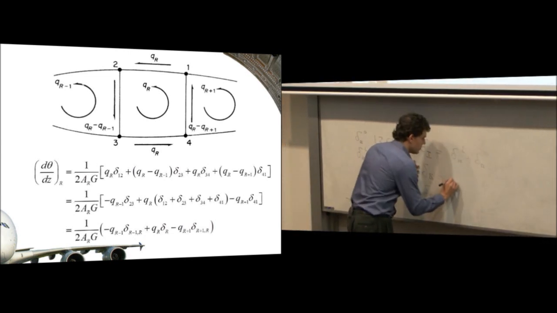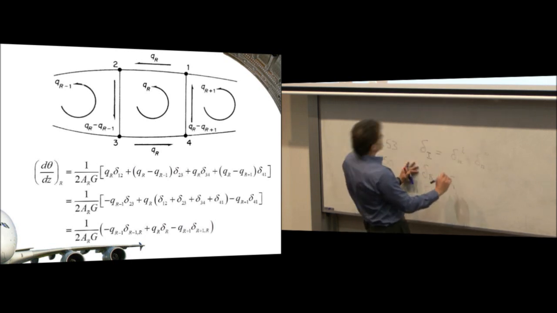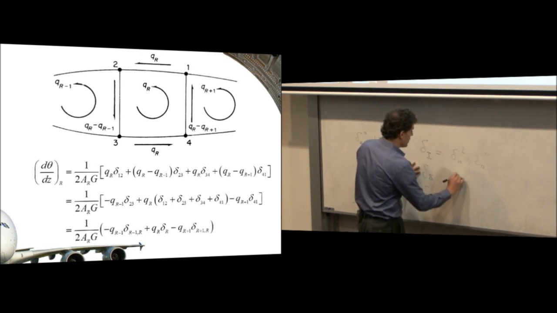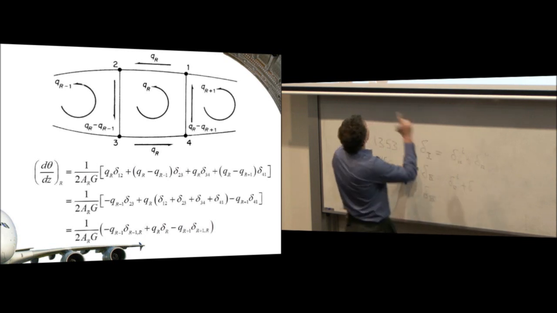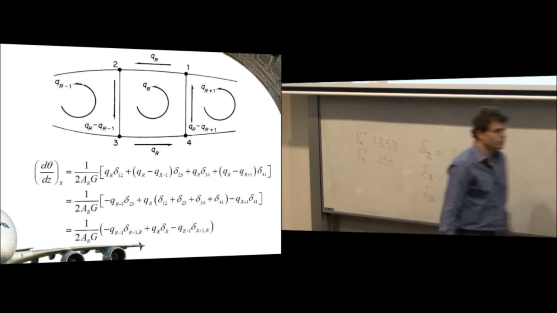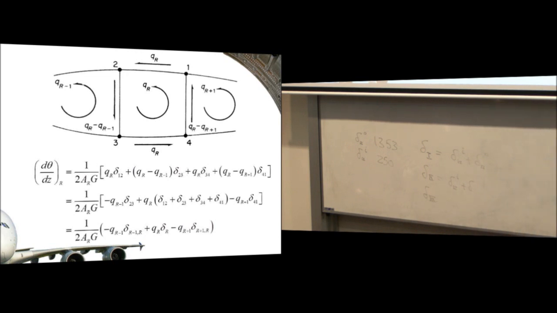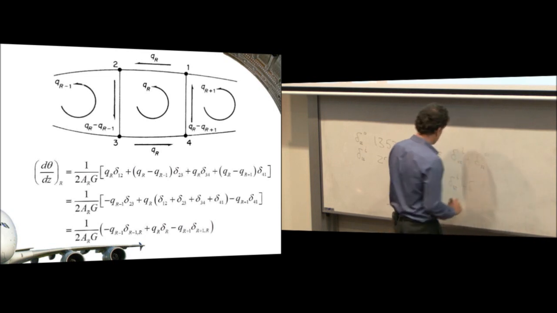Delta 2 is equal to delta 1, 2 inner plus delta 2, 4, then delta 4, 3, and then delta 3, 1. Okay, so we're just adding up around the loop.